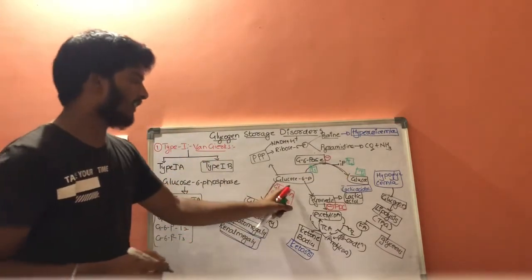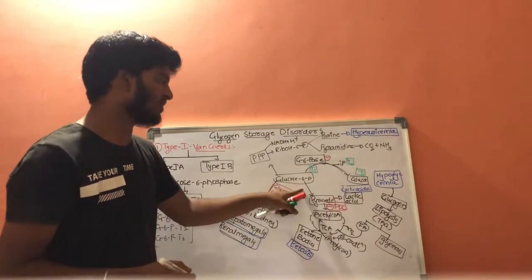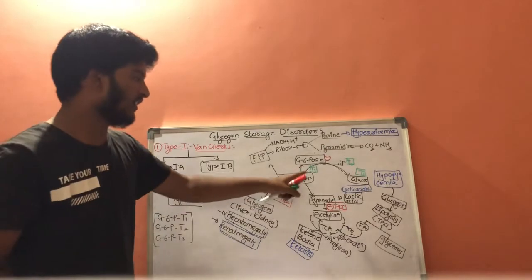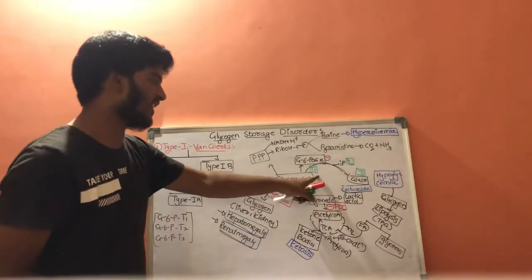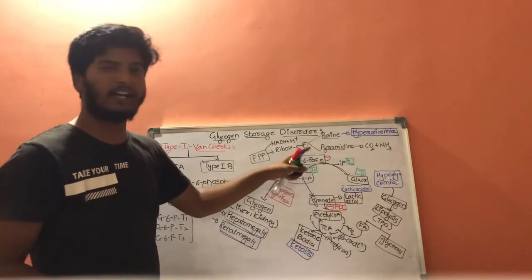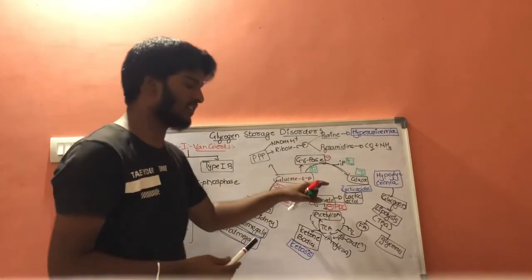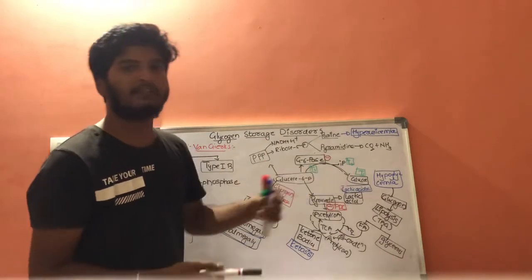Now to convert this glucose 6-phosphate into glucose, it has to enter into the endoplasmic reticulum. So glucose 6-phosphate transporter 1 is the one which helps this glucose 6-phosphate to enter into the endoplasmic reticulum. Now whenever glucose 6-phosphate enters the endoplasmic reticulum, it results in formation of inorganic phosphate.